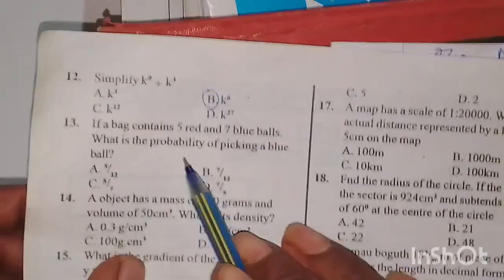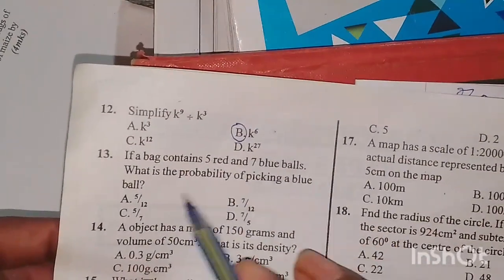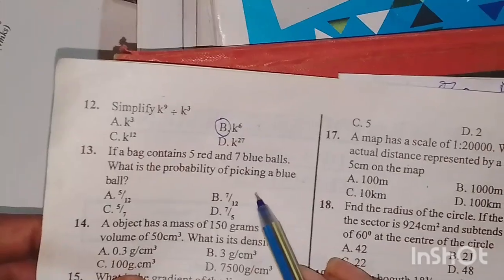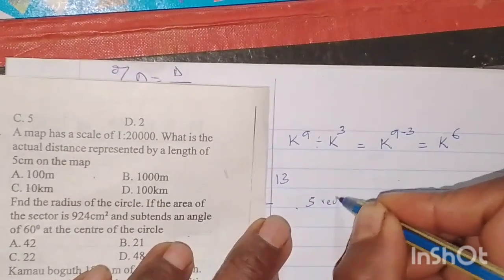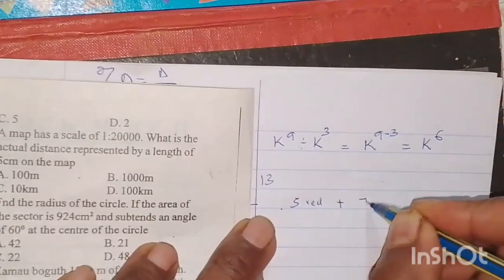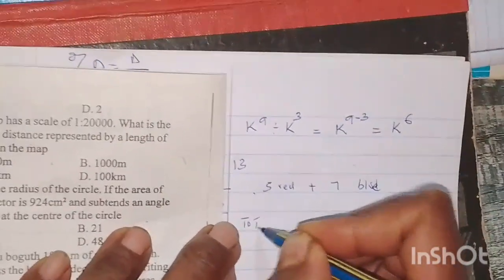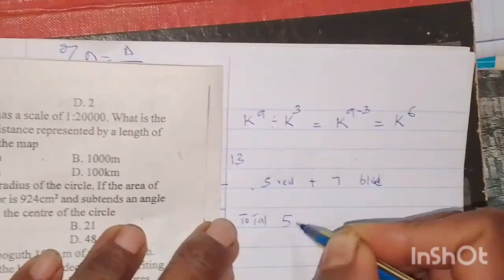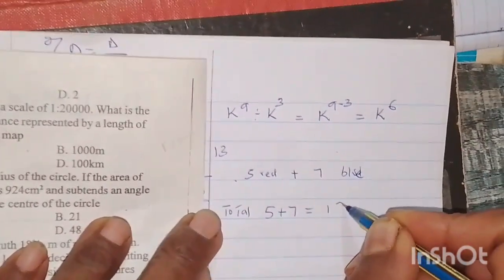Question number 13. If a bag contains 5 red and 7 blue balls, what is the probability of picking a blue ball? The total number of balls is 5 plus 7, which is equivalent to 12.